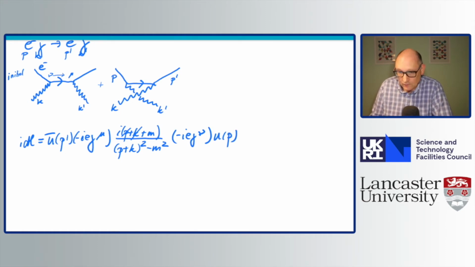Now the photon polarization vector here will be for an incoming photon, that's an epsilon star. So there's an epsilon star.